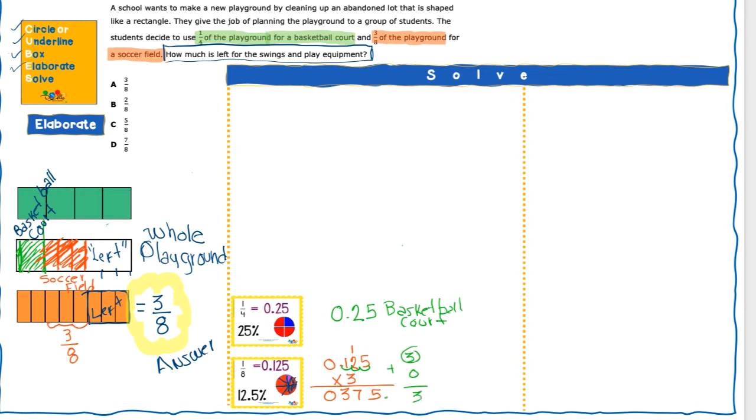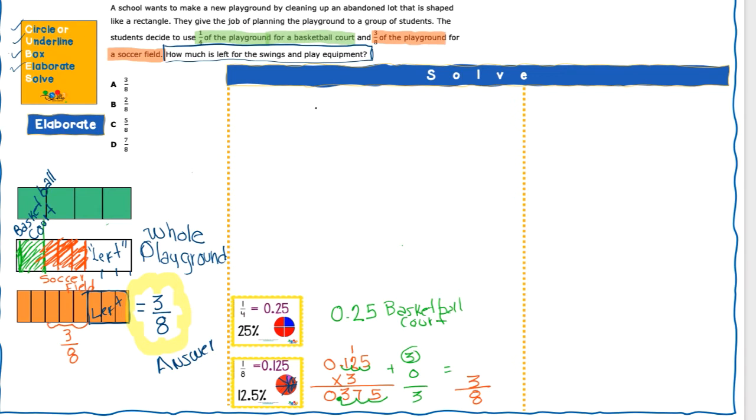So from right to left, we move 1, 2, 3. There we go. So 3/8 will be the same as, exactly, 0.375 thousandths. Great. That's 3/8. Awesome.